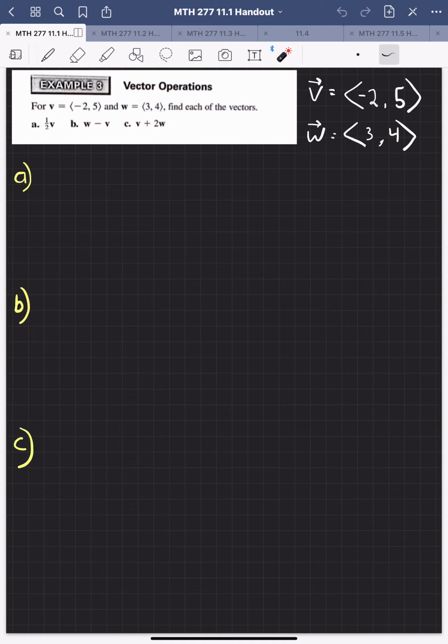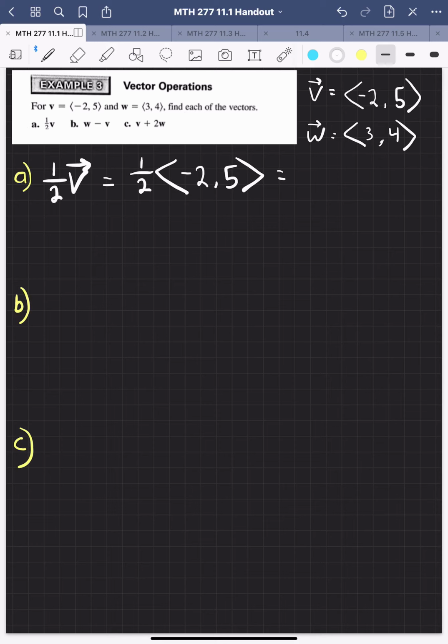So part A, we are asked to find half of v. Geometrically, you could think of vector v as having a length, and we want half of that length. So we can substitute vector v in for part A, and we're simply going to take half of each component.